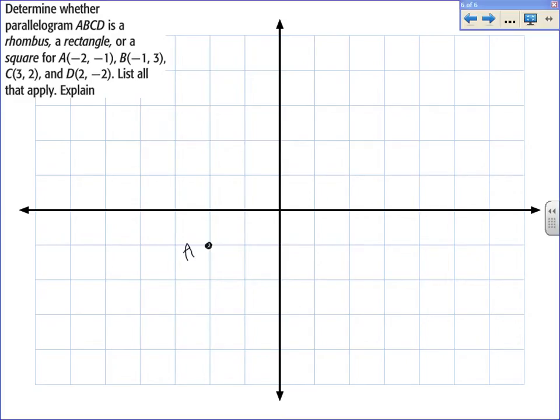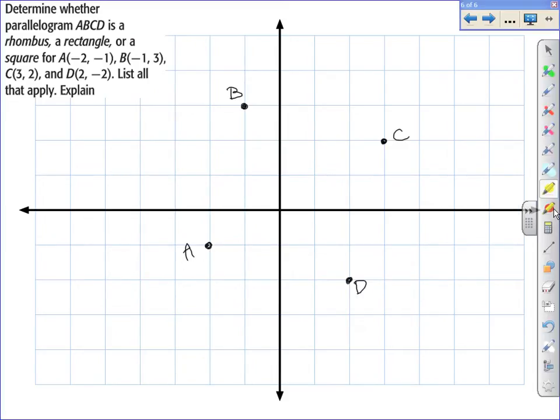Point B is at -1, 3. Point C is at 3, 2. And point D is at 2, -2. Okay, let's connect the dots.